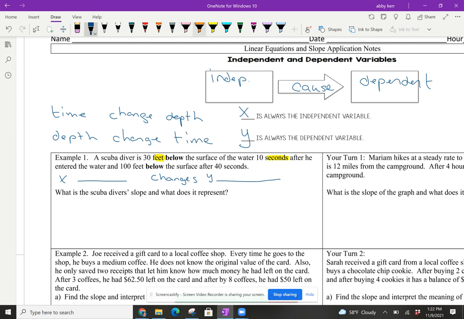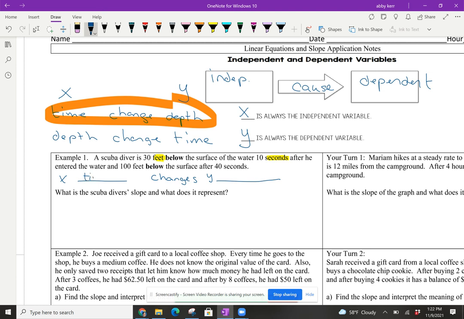So in this case, time changes it. So the x is going to be our independent, which is time, and then our y is the depth or the feet. So this is going to come into play when we're setting up the ordered pairs. So the time changes the depth. The longer you are underwater, the further the scuba diver is going to dive.